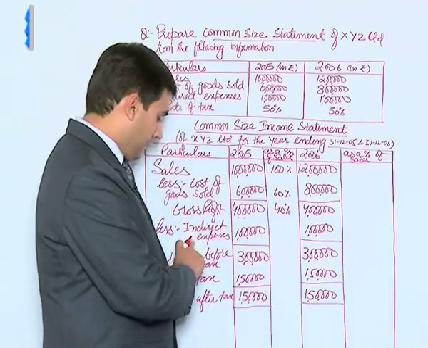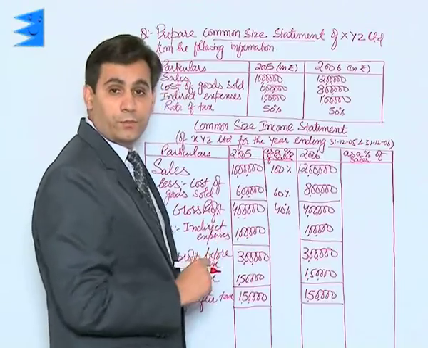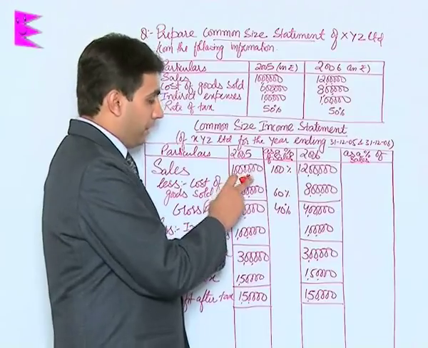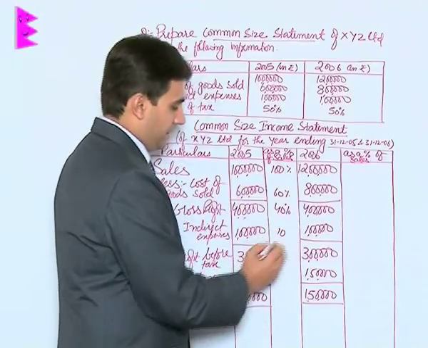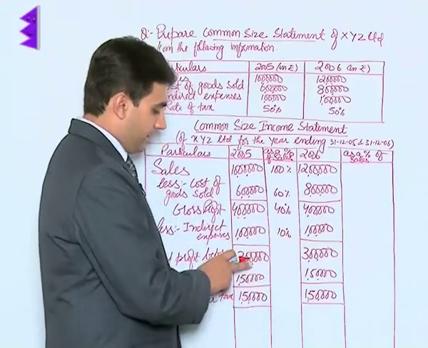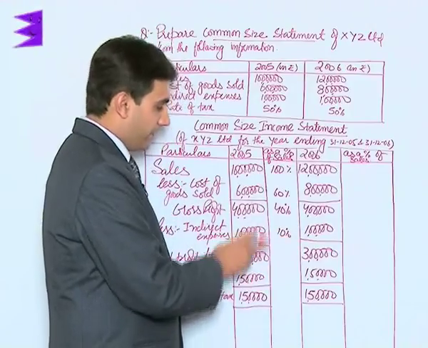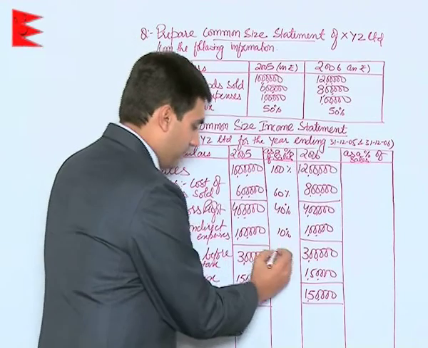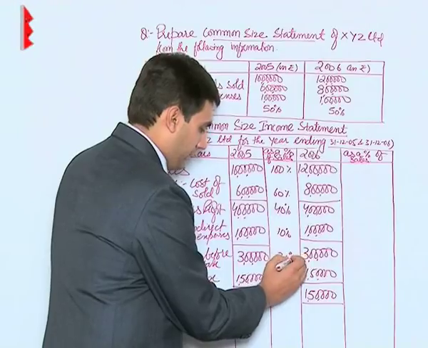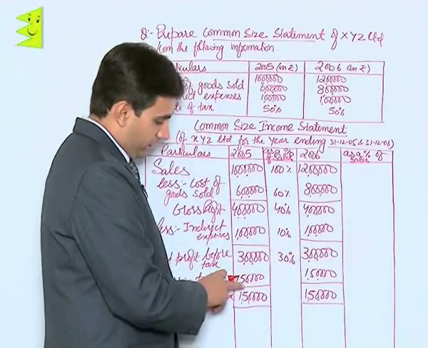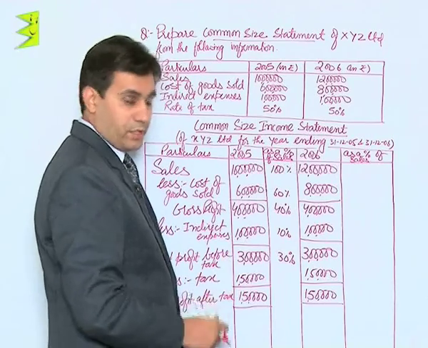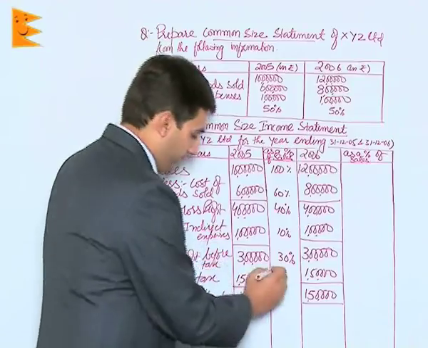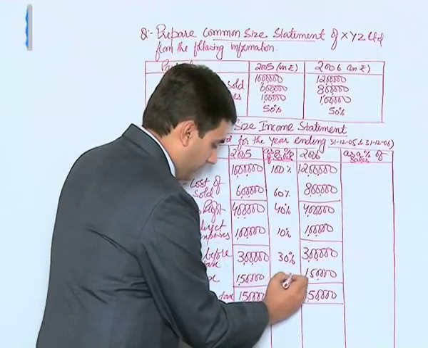Then students, indirect expenses, they are 1 lakh. We can convert them into percentage as 1 lakh upon 10 lakh into 100 is 10%. Then we have 3 lakh. 3 lakh divided by 10 lakh, again taking net sales as the base, into 100 will give us answer of 30%. Then 1,50,000, that is tax. 1,50,000 divided by 10 lakh into 100, that is 15%.